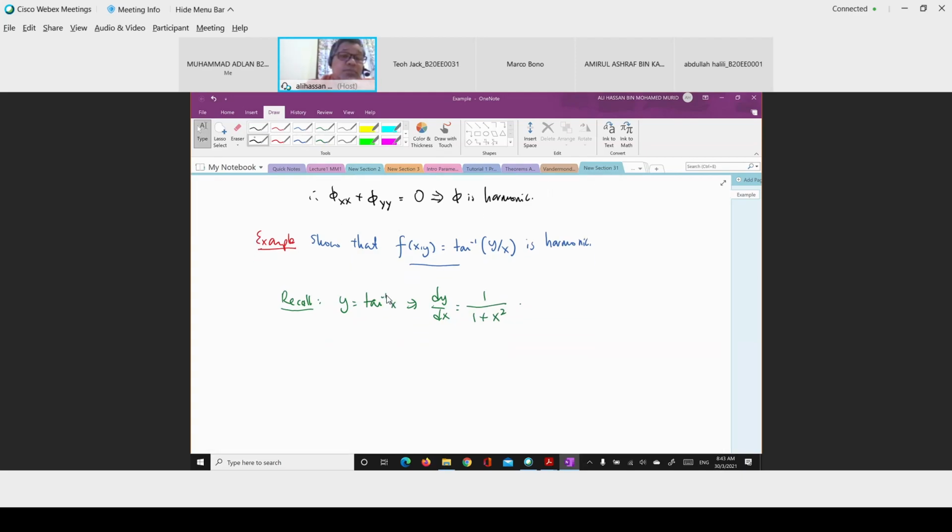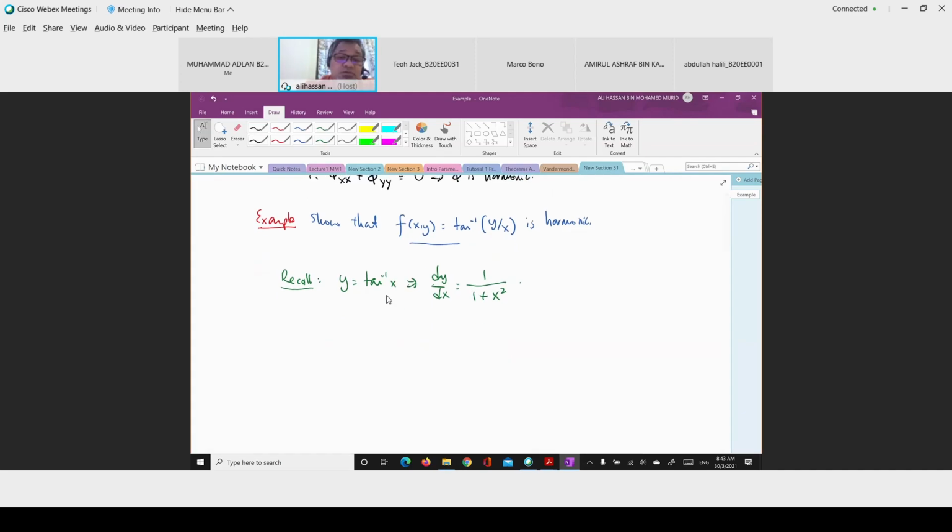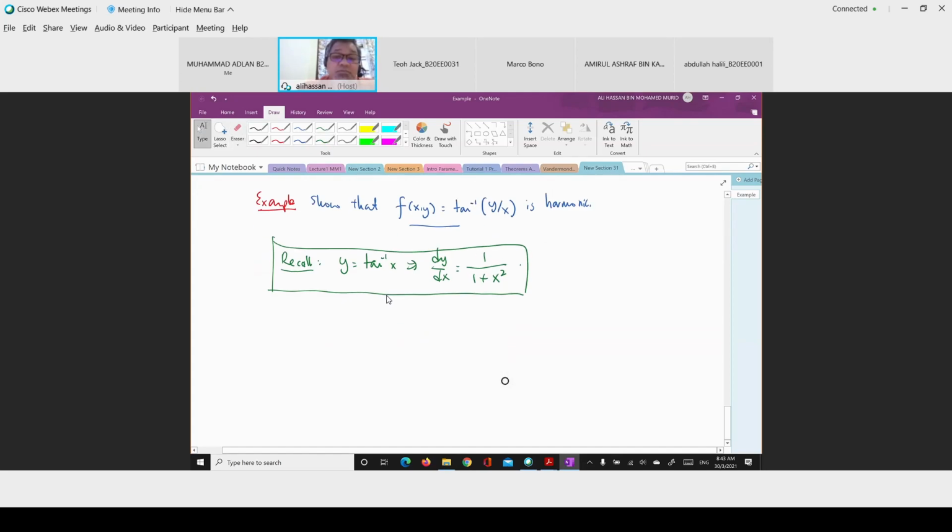So in this problem, you need to recall this basic formula. This is a basic formula that we want to apply later on. So we want to show f is harmonic. That means we want to show that f partial x x plus f partial y y equal to 0, right?